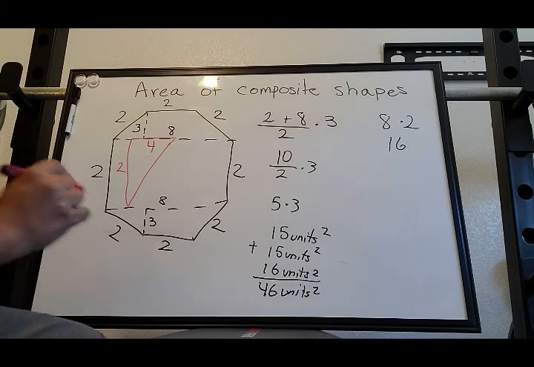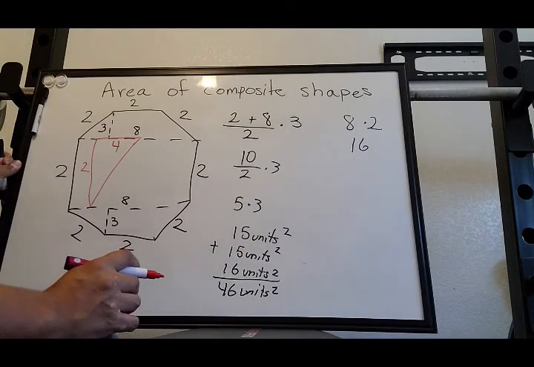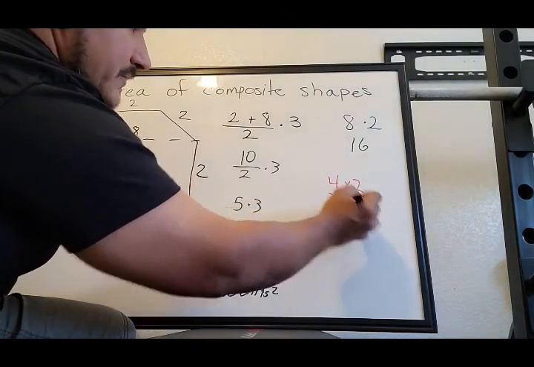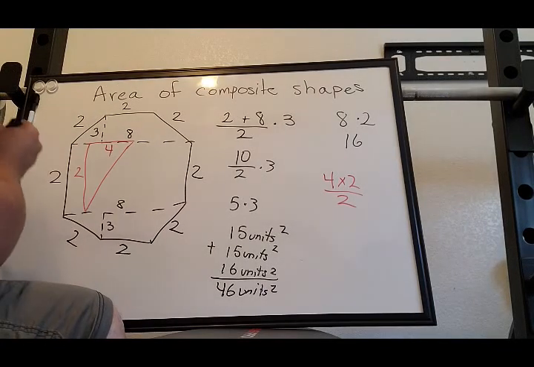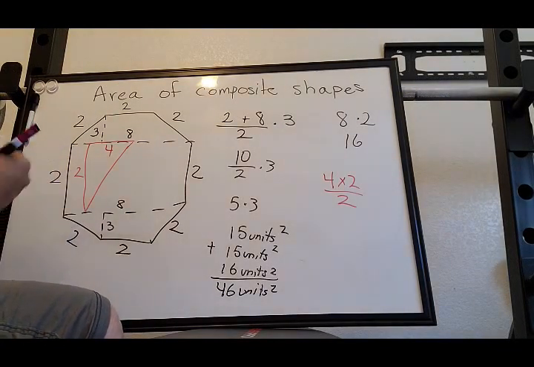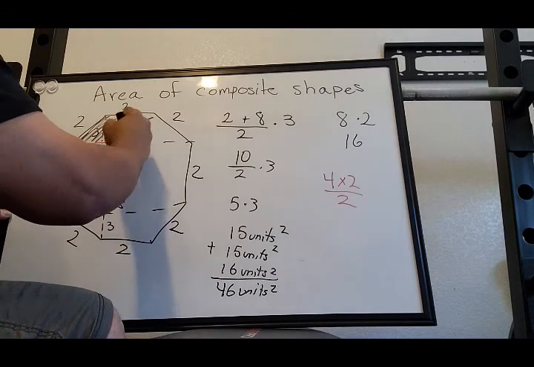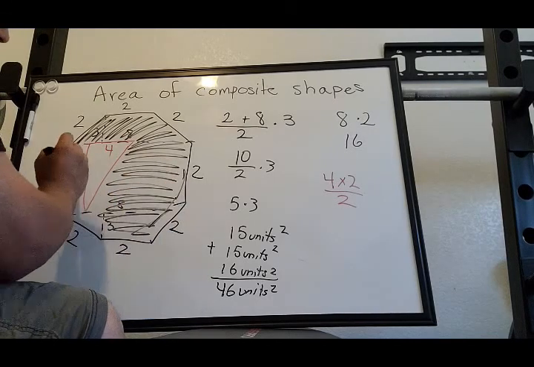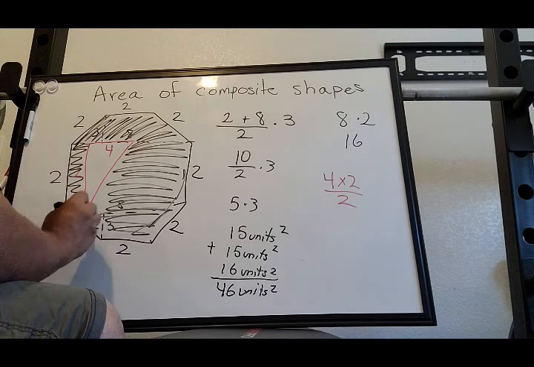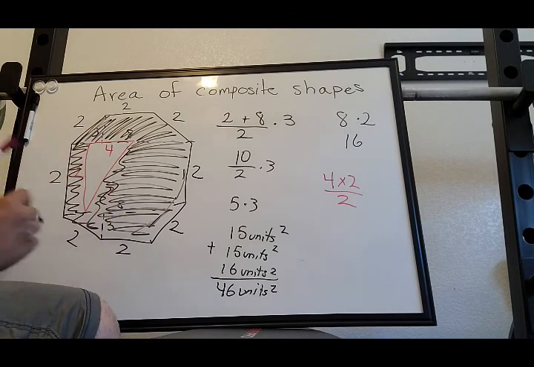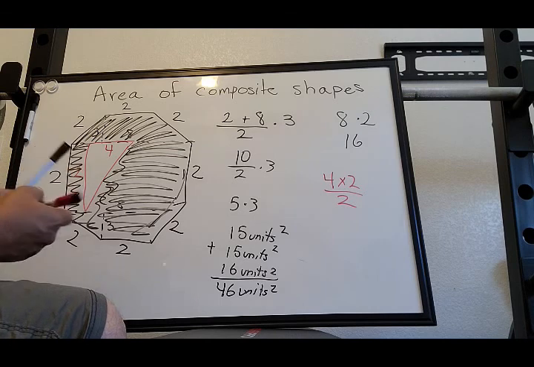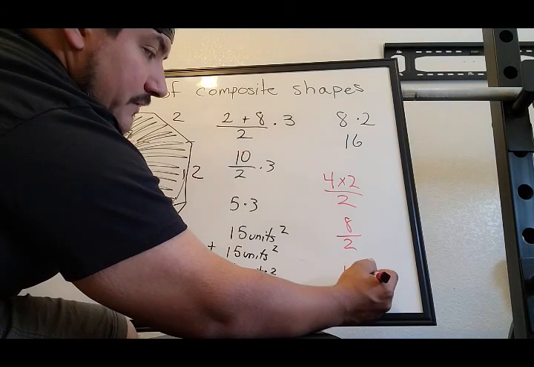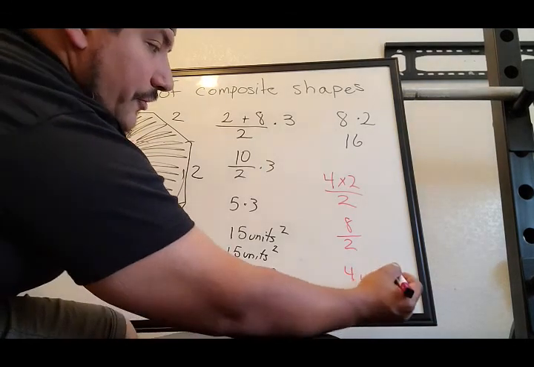So the area of our triangle is 4 times 2 divided by 2. Now we're going to try to find the area of everything else in this shape. So everything else that's not in the triangle is the area we're looking for. So 4 times 2 is 8, divided by 2 equals 4. So the area of our triangle is 4 units squared.